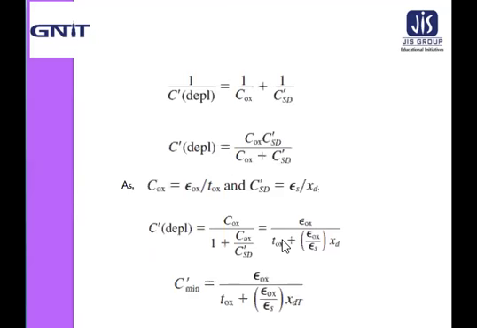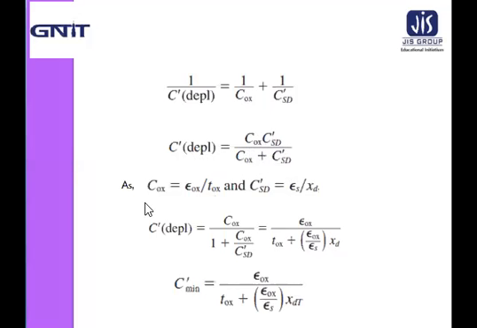The total capacitance of this series combination for this depletion mode is 1 by C prime depletion equal to 1 by COX plus 1 by C prime SD, where COX and C prime SD is the space charge capacitor. So C prime depletion equals COX C prime SD by COX plus C prime SD.